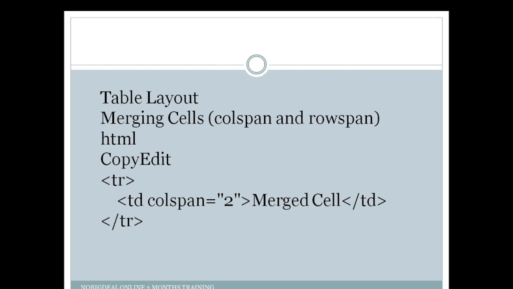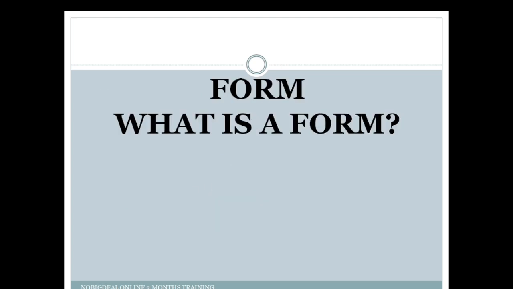We all know what a column is. So how many columns is it merging? 2. So it will combine 2 cells. That is what we mean by table layout, using merging cells, either colspan or rowspan. If it is a rowspan, this time around you are not using colspan, you just replace it with rowspan. So let's move on to form.